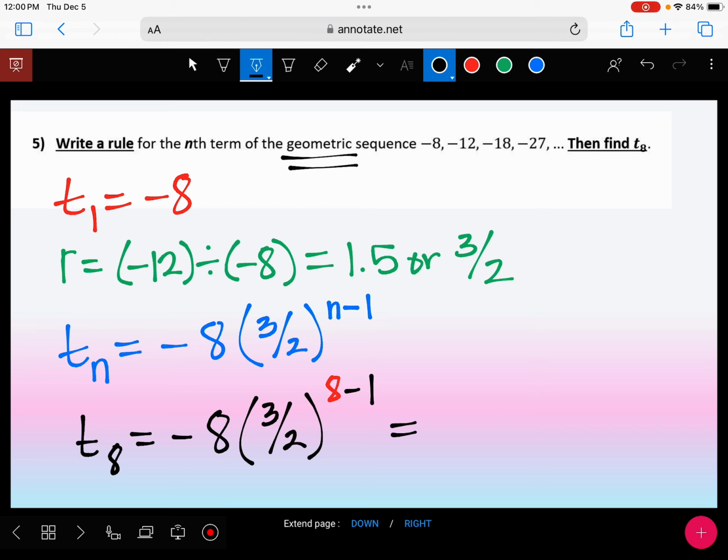All right, go ahead and check so far. So T1 was negative 8 and a common ratio. Who had that, 1.5 or 3/2 for your common ratio? If you take negative 12 divided by negative 8, you get 1.5. And then I wrote my rule. And the last step is use that rule to find the 8th term.